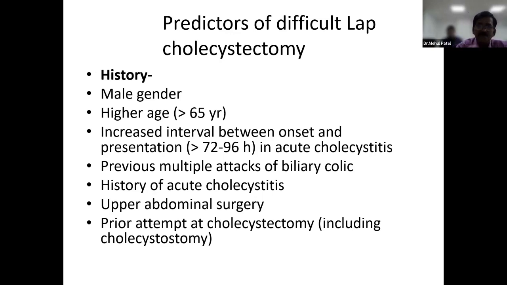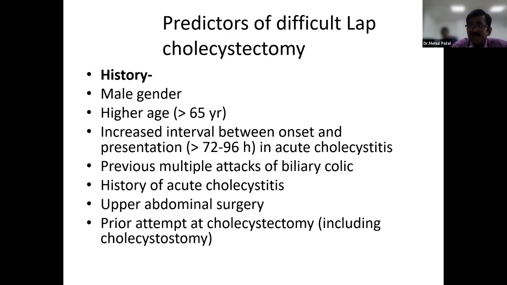So what are the predictors of difficult lap cholecystectomy? If you go to the history of this patient, we easily describe that male gender patients have more difficult lap chole because they don't come to the doctor at the beginning; they have pain and then a number of attacks. Male gender is one important factor for difficult lap chole. Age more than 65 years.